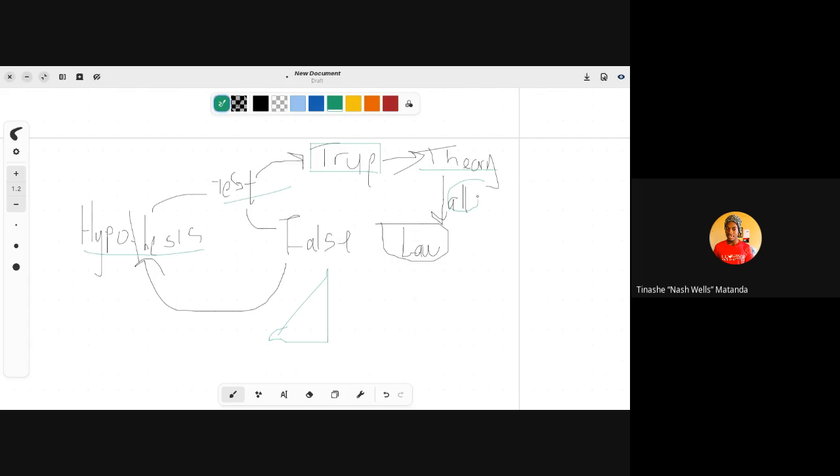You should not kill. That's because it applies to everyone. But if they say do not kill the president, that one is not a law. I can go there and butcher the guy because it does not apply to everyone. But if this specific thing that I've come up with is true for every type, for every entity, then I can denote that it is a law. Did I answer your question, Tirisan?